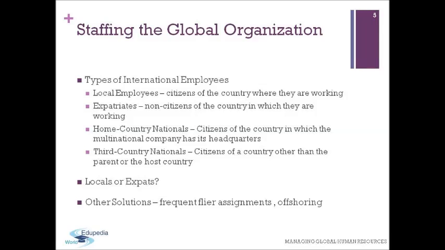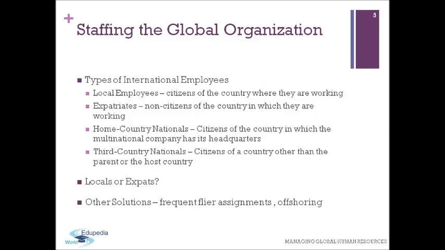So, for instance, after a term abroad, the head of General Electric's Asia Pacific region returned as vice chairman at GE. So, control is another important reason for using expatriates. The assumption here is that home country managers are already steeped in the firm's policies and cultures, and thus more likely to apply headquarters' way of doing things.